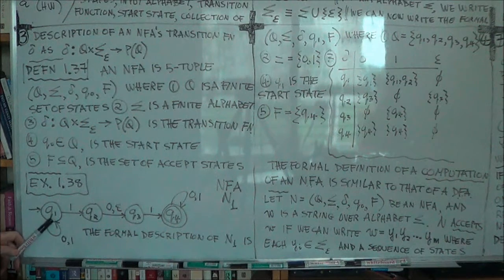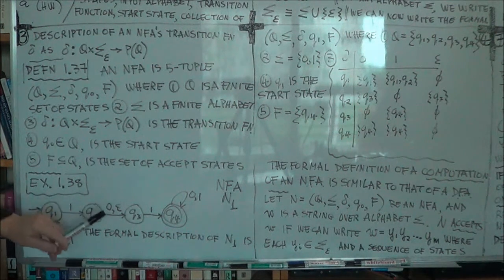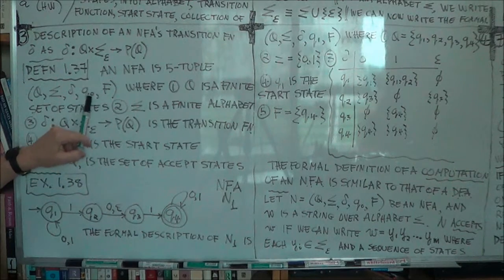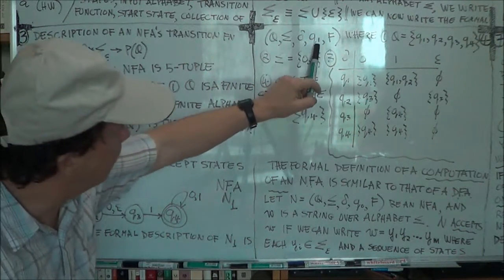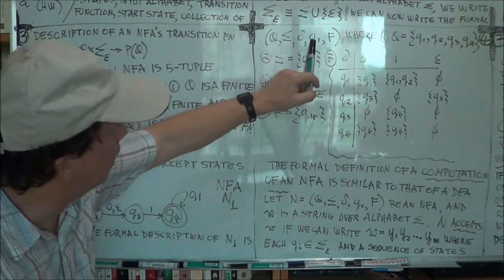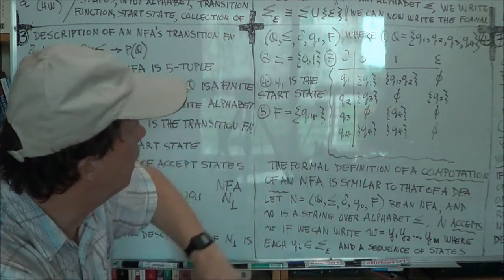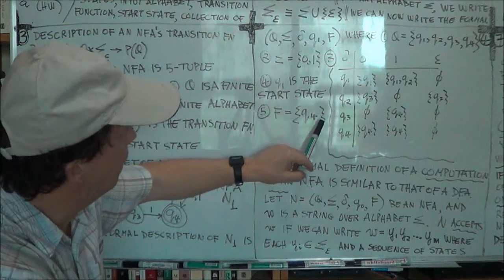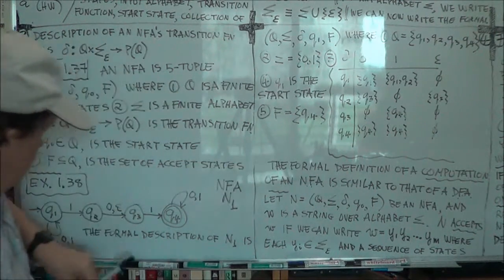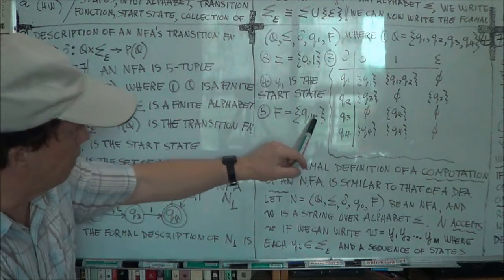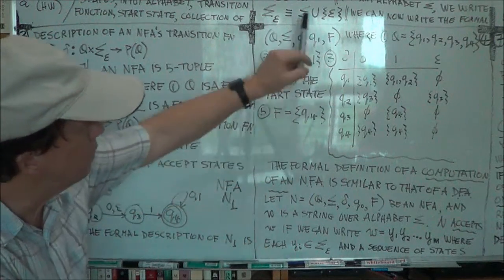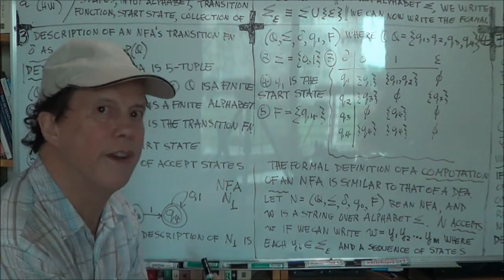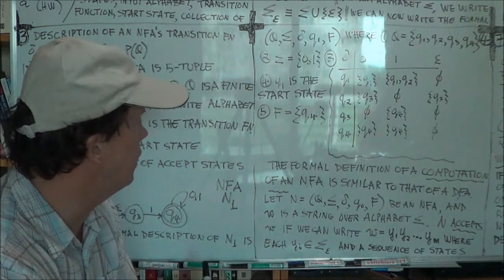So you start Q1, and the formal definition where Q0. So Q0 is Q1. The start state is Q1. So you just put Q1 here instead of Q0. And F, that's the set of accept states. Well, there's only one, so just put set Q4. Right. So there's your formal description of an NFA. The first one we've done.